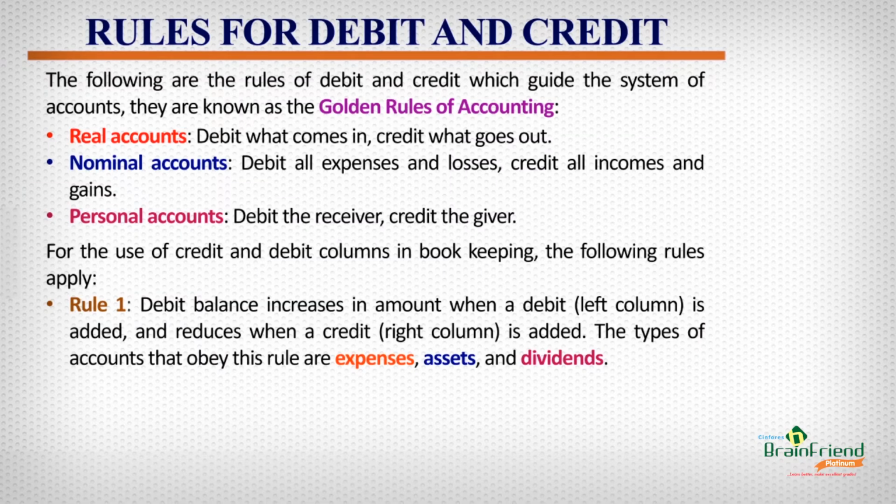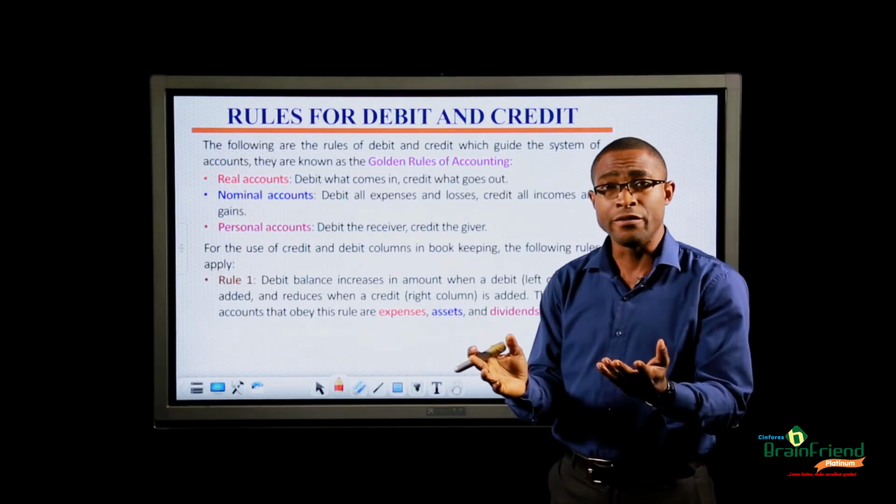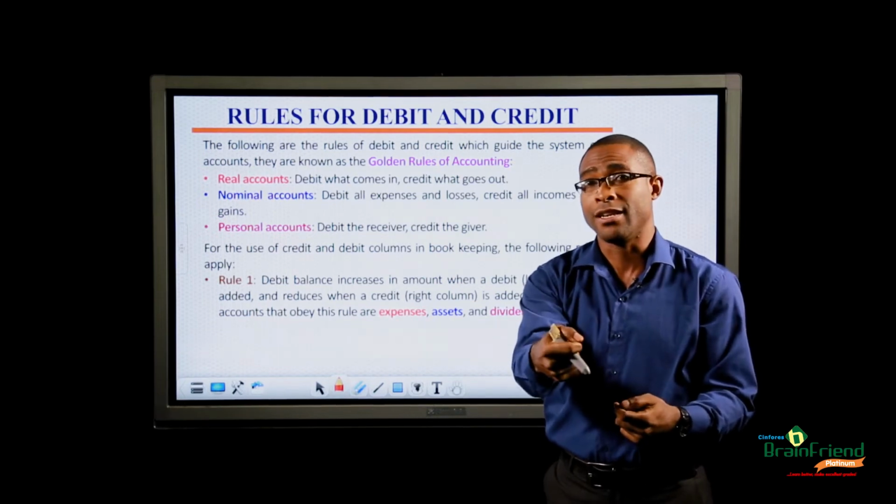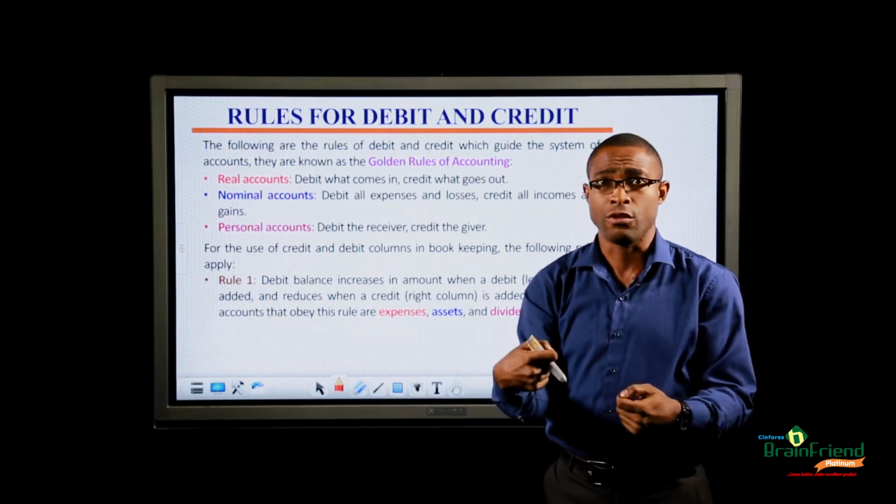What are the rules that govern the debit and the credit column? There are some golden rules in accounting. For a real account, debit is what comes in, while credit is what goes out. Like I told you before, in the banking system, we believe that when you credit, it means you put money in there, and when you debited your account, it means you took money out.